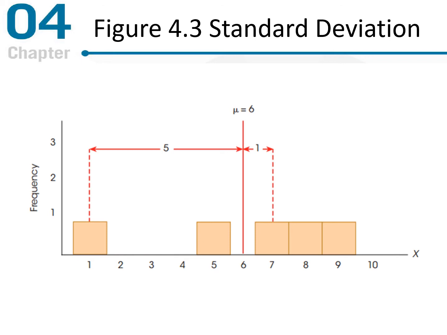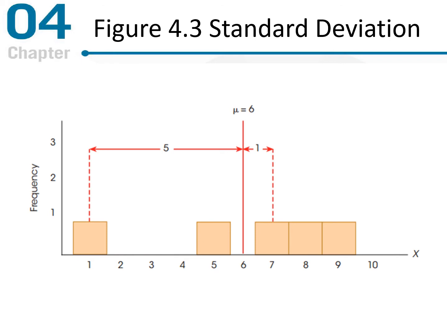The smallest difference between any point and the mean is 1. It's either between 5 and the mean of 6, or between 7 and the mean of 6. They're both 1 unit apart from the mean. So we have the highest difference, which is 5, and the smallest difference, which is 1. We know that the standard deviation must fall between those two values, between 1 and 5.